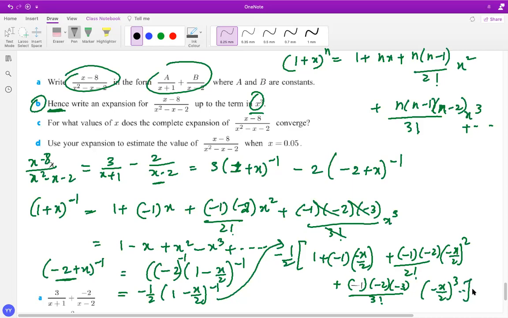So this is up till x cubed, which I wanted. I'm just going to simplify this. I'm just going to rewrite the same thing here.